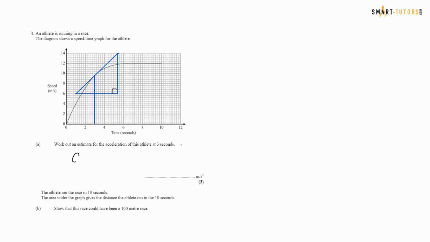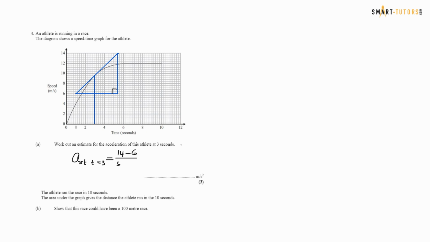So acceleration at time equal 3. Change in velocity divided by time taken. Change in velocity, so this is 14 take away 6, which is 8. Then time taken, this looks like 1 to 5.4. Sorry, this is 5.4, my pen.